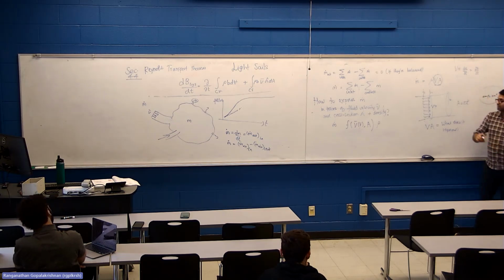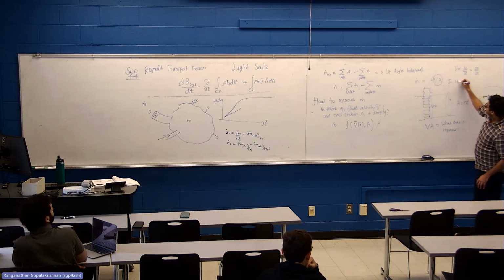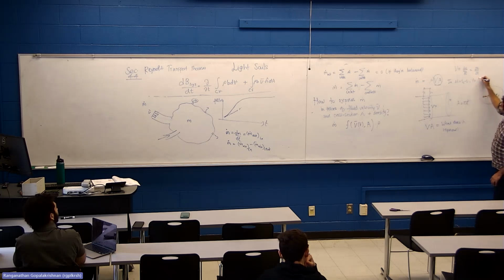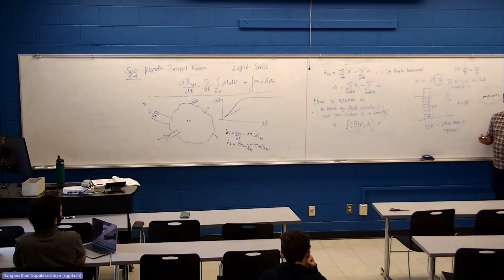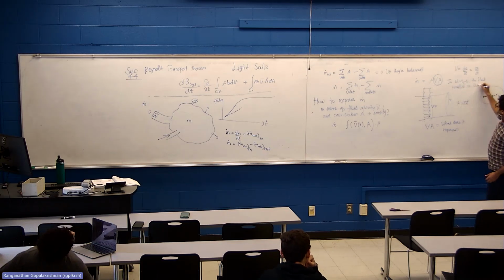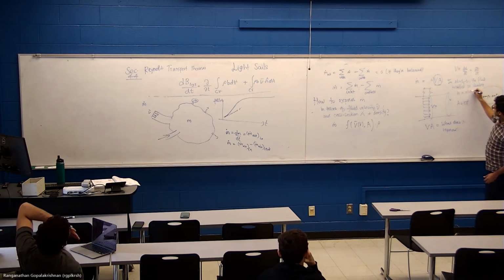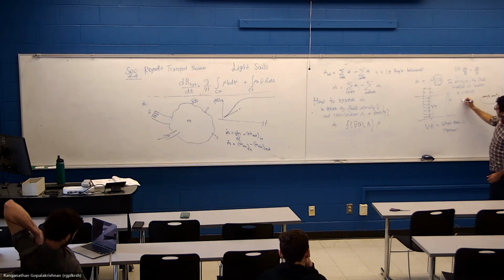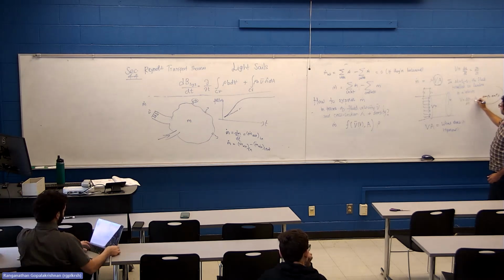In delta T equals T2 minus T1 seconds, the fluid travels delta x units of distance, leading to a velocity V that is delta x over delta t, or dx over dt.